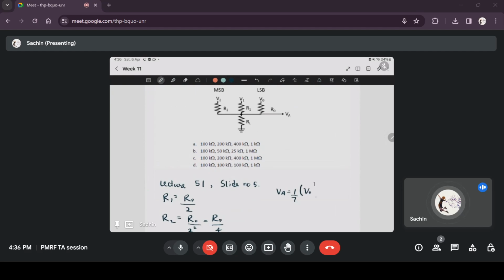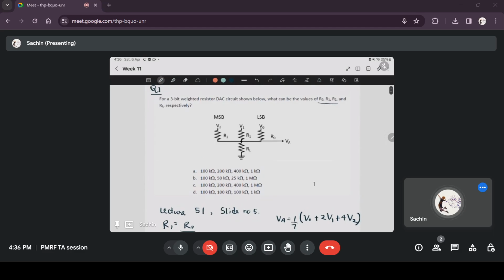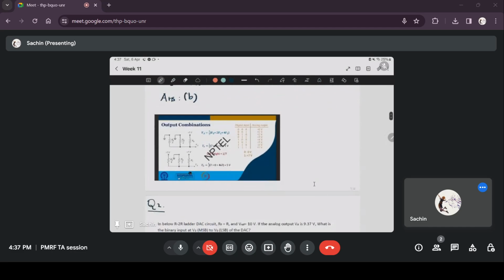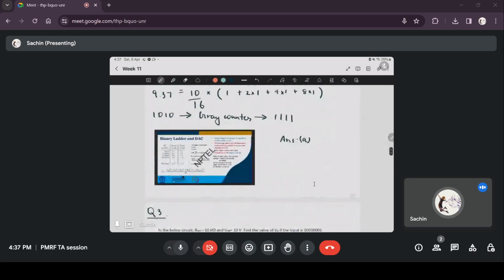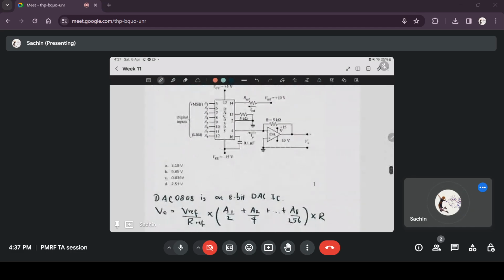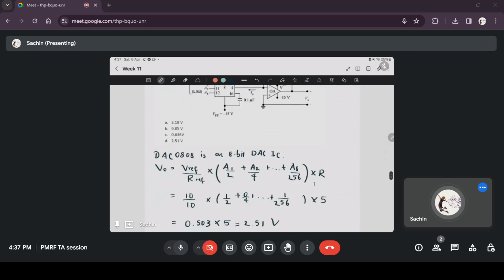So it's V0, and the next bit has 2 power 1 as its weight. It's 2. Next bit has 2 square as its weight, 4. So how these bits are weighted will differ slightly based on the type of circuit you have, and there will be a similar situation for analog to digital converters.